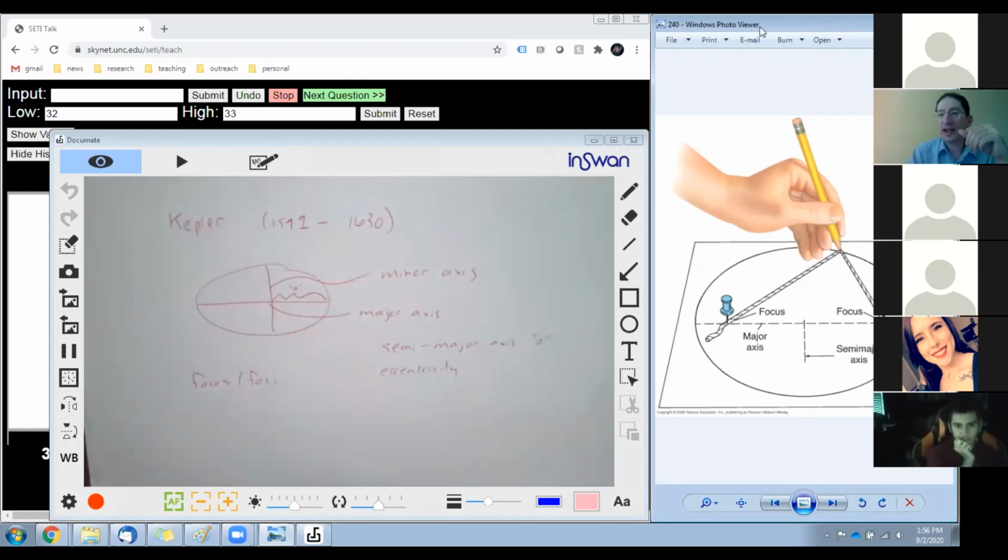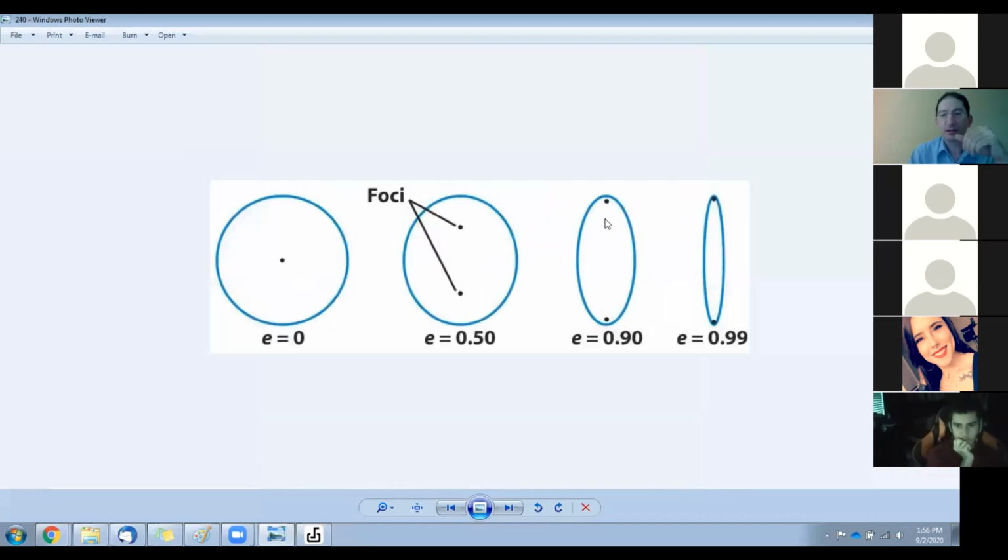I'll show you a few different eccentricities. Eccentricity 0 is when the major axis equals the minor axis. Then, as we start to separate the foci and these two axes have different lengths, there's eccentricity 0.5, eccentricity of 90%, 99%. Most planets are on orbits that are almost perfectly circular, like Earth, for example.